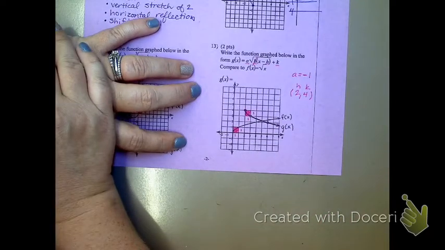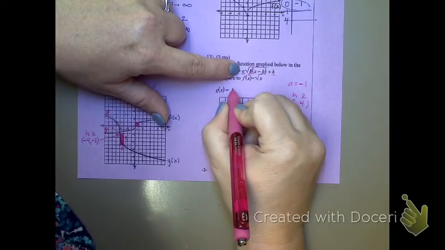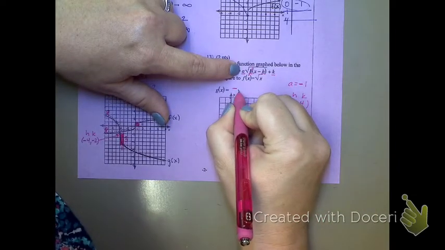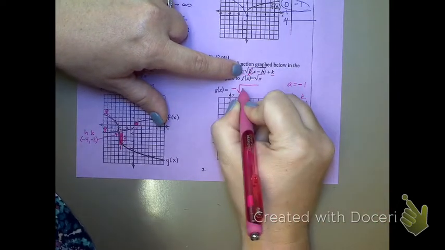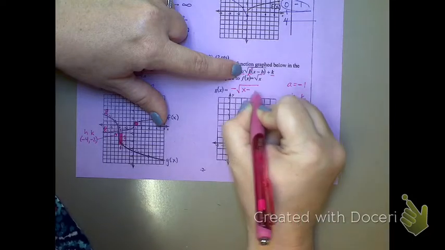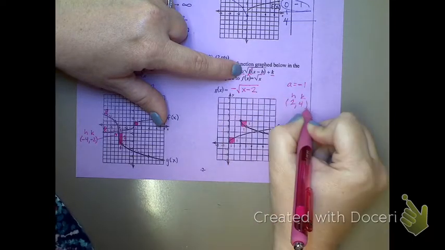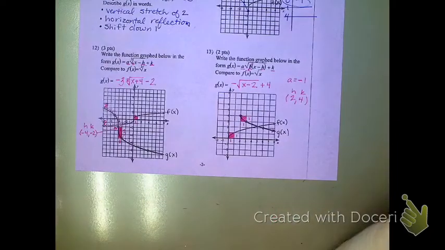So that means a is -1. So I'm going to put all this in there. I have a -1. I don't need to write the 1. But I have a negative square root of x minus, because it looks like a plus there, I've got to change it to the -2. And then my +4 needs to be out there.